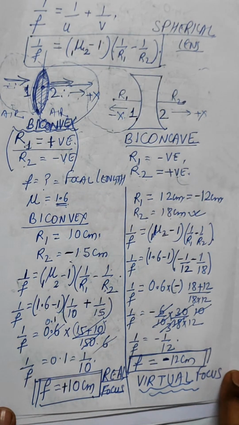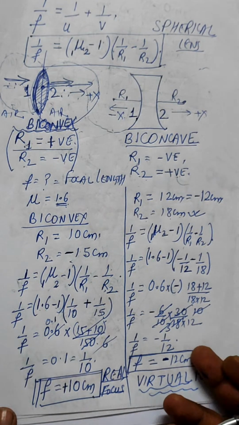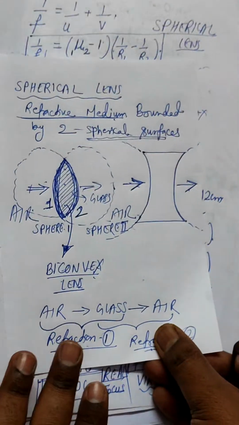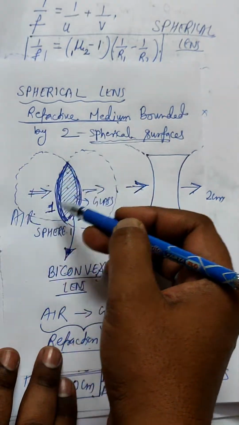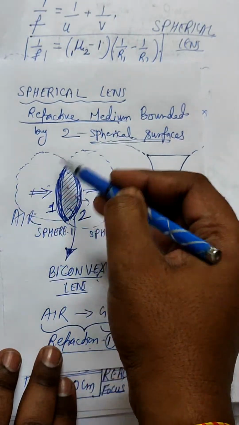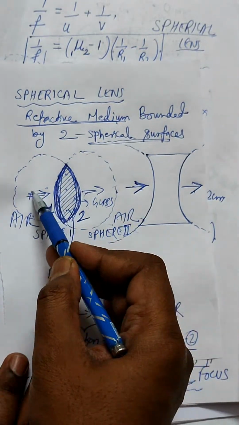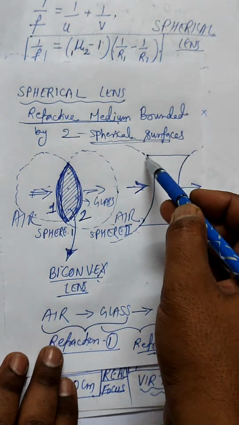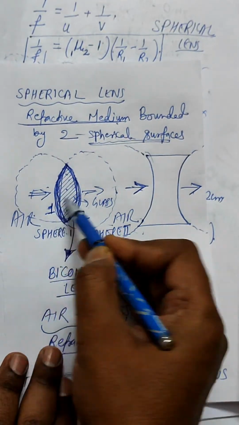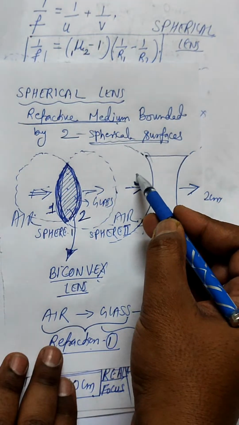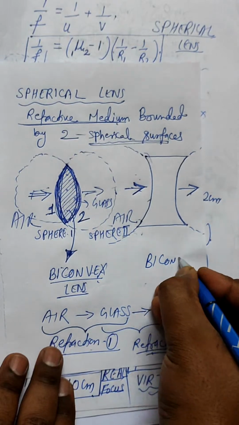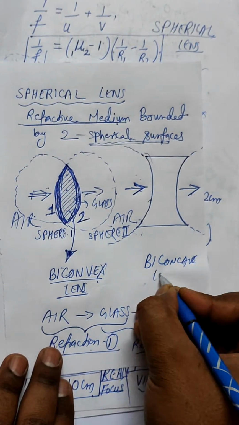Okay, so actually for any spherical lenses, as I have explained to you, these are the basic concepts. Any spherical lens is formed by two spherical surfaces. If you consider these two arcs of these two circles, and how the radius of curvature is calculated, and if we consider this arc, when you consider the inner side, then you can see a biconcave lens is formed, right?